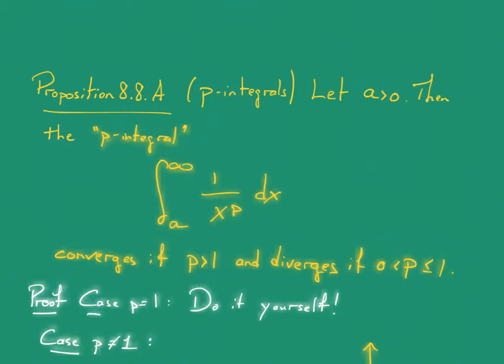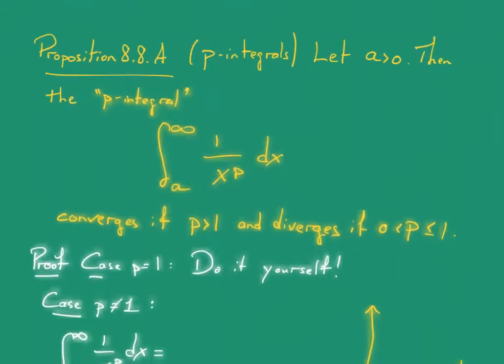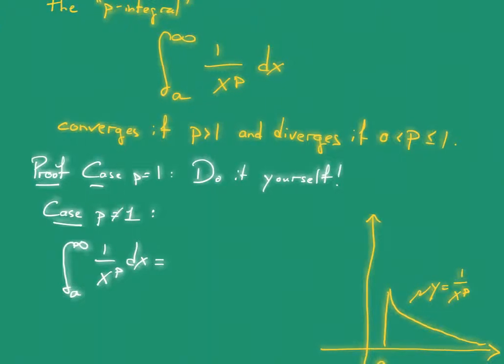Okay, so what are we trying to show? We're trying to show that this improper integral here converges when p is bigger than 1 and diverges when p is less than or equal to 1.